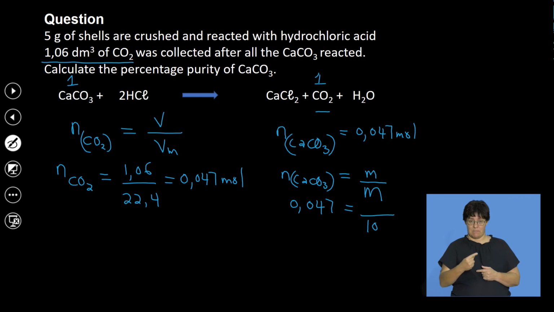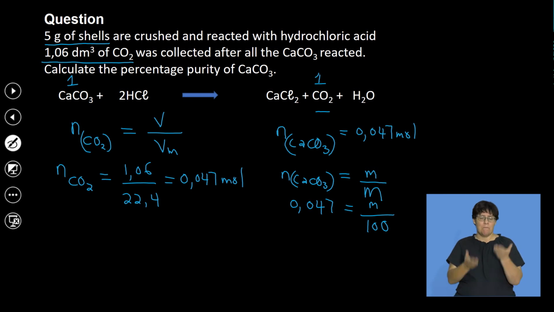You can verify that on the calculator. Then we want to ask ourselves, of the 5 gram sample, what is the actual mass of calcium carbonate? Because remember, we said this calcium carbonate is contained in eggshells. It means there is calcium carbonate and some other substances. Then what's the mass of calcium carbonate that is present in that sample?